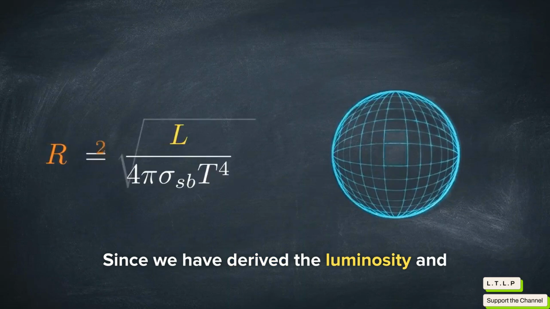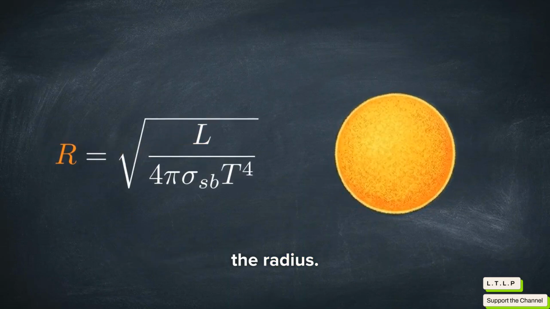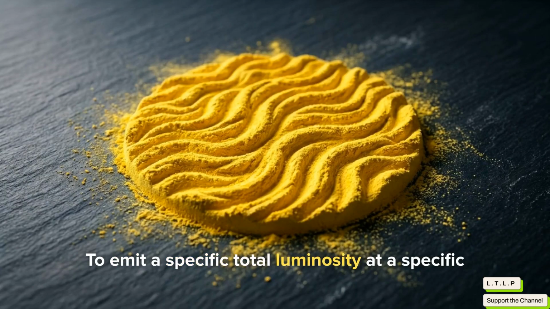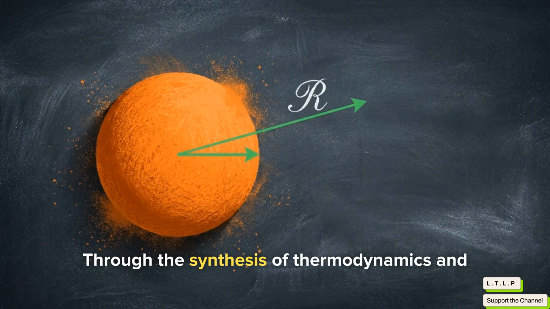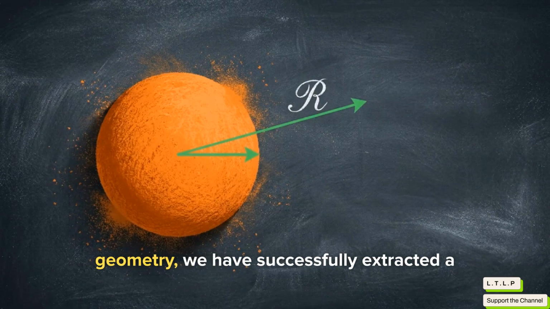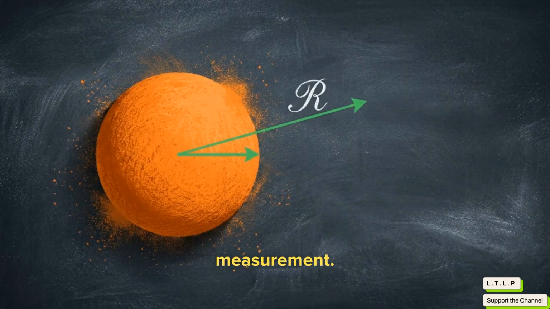Since we have derived the luminosity and temperature, the only remaining unknown is the radius. To emit a specific total luminosity at a specific surface temperature, a star is required by the laws of physics to possess an exact surface area. Through the synthesis of thermodynamics and geometry, we have successfully extracted a concrete three-dimensional physical measurement.